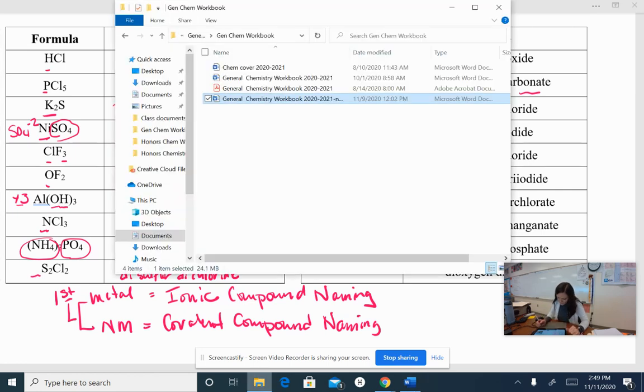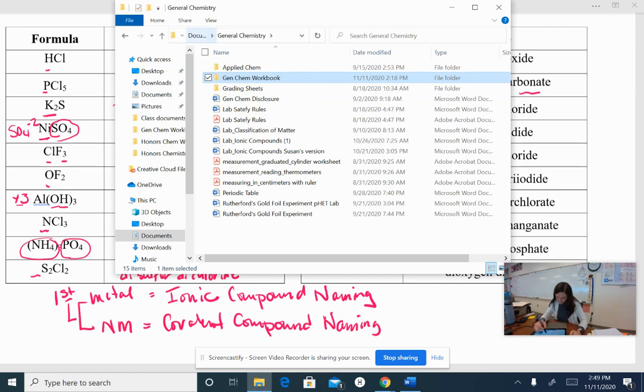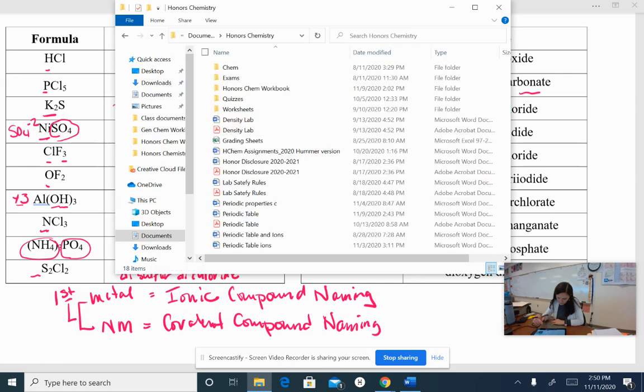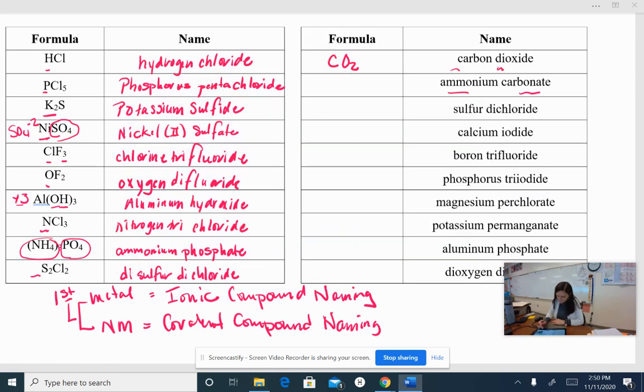So let's look up my polyatomic chart really quick. Do I have my polyatomic chart? Let's do this. Honors chemistry. And we need to look up our periodic table with our ions.